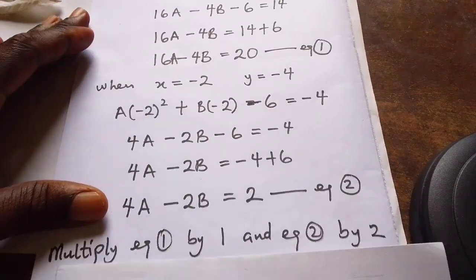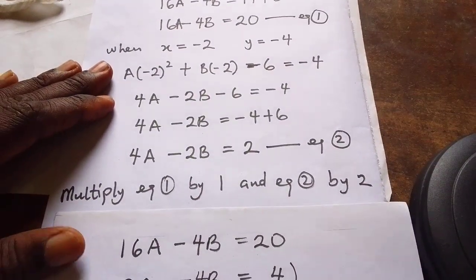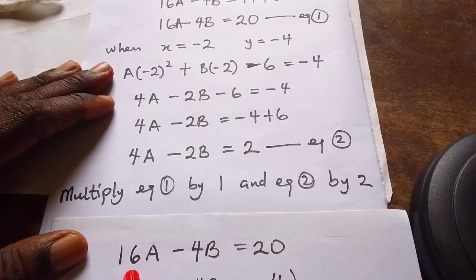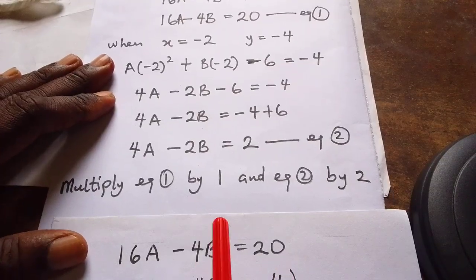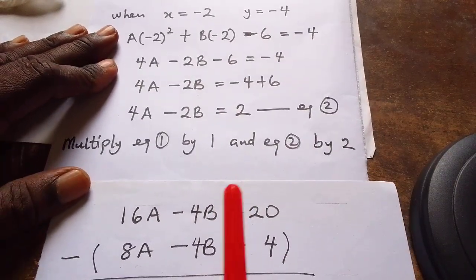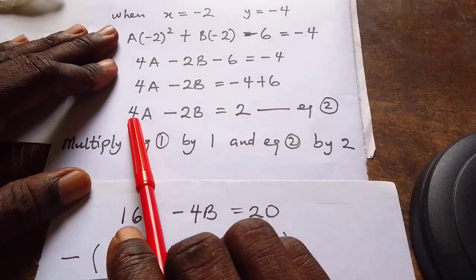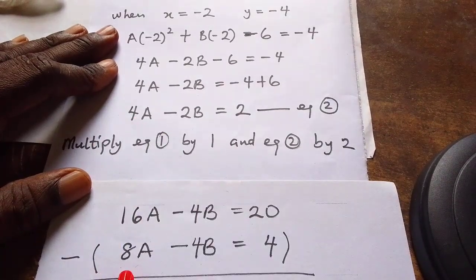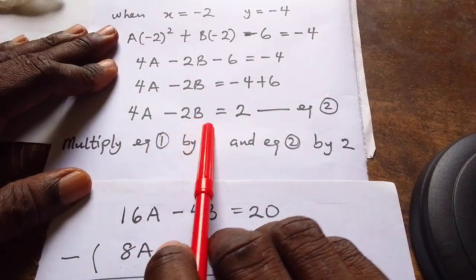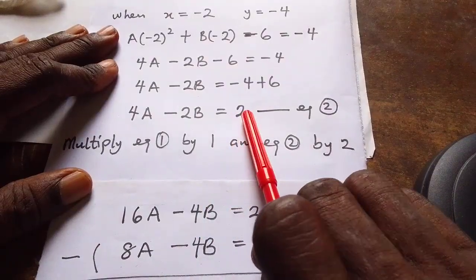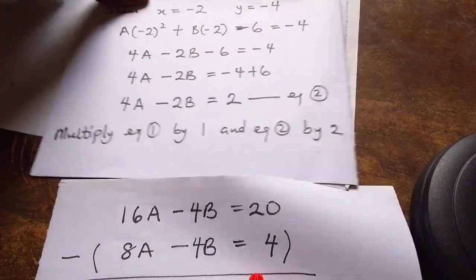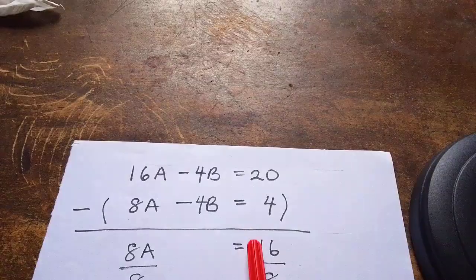If you multiply equation 1 by 1, you still retain 16a minus 4b is equal to 20. Then multiply equation 2 by 2. 2 times 4a will give us 8a, minus 2 times 2b will give us 4b, and 2 times 2 will give us 4.